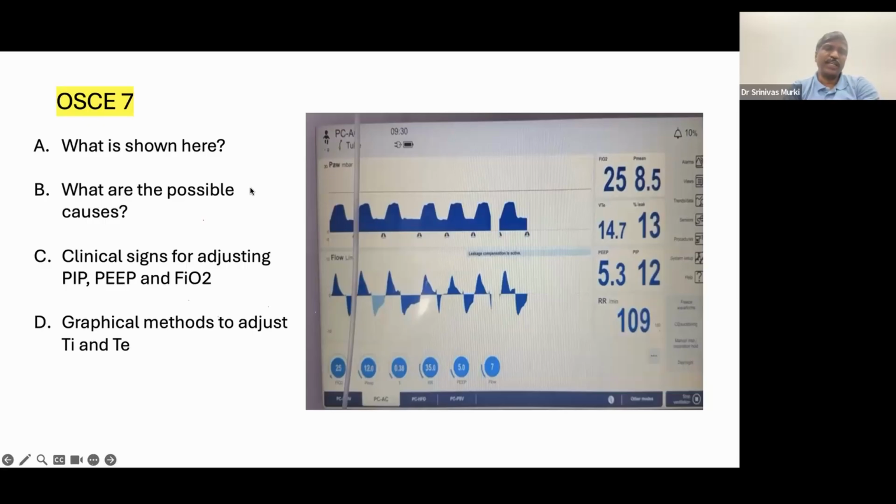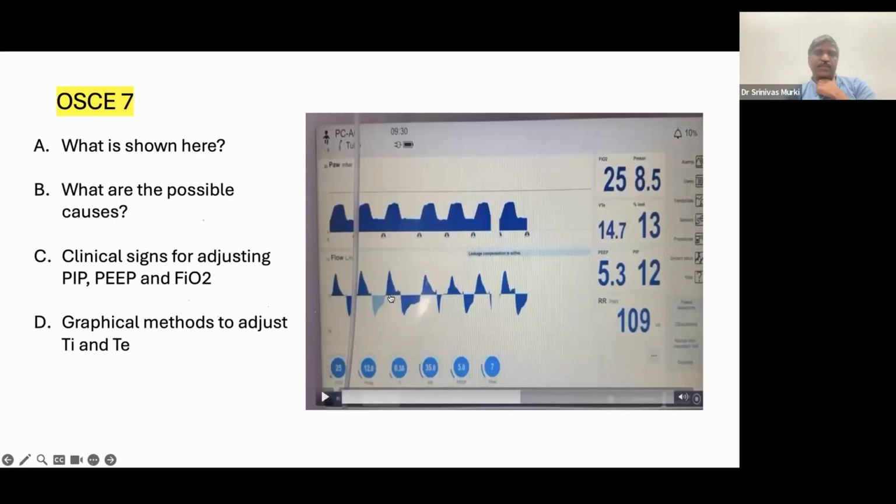How will you know that your TI is inadequate? How will you know your TI is excess? From the flow time graph, how will you know your TI is excess?